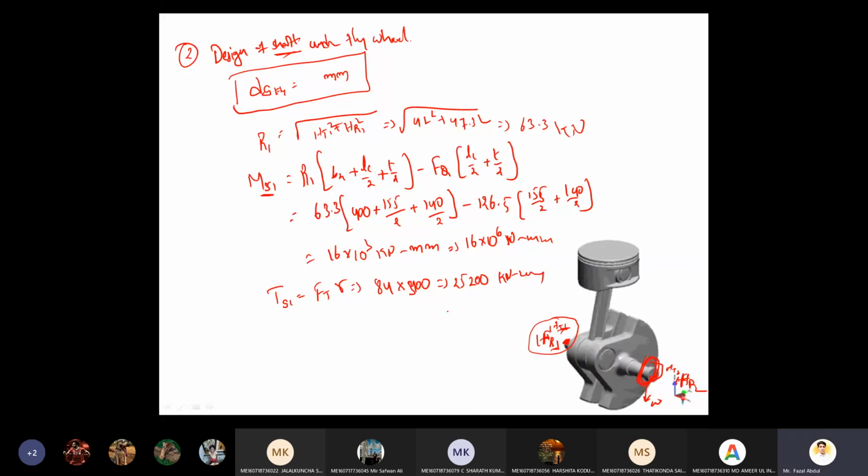So that means 25.2 into 10 to the power of 6 Newton mm.